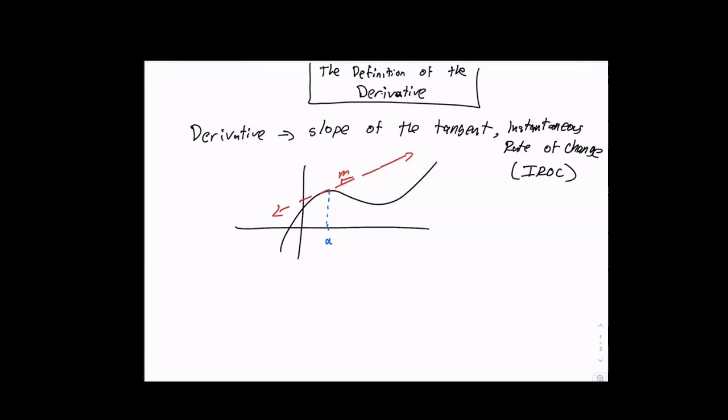AROC is what you had learned about before in your prior algebra classes. You found the average rate of change, the rate of change between two given points. Now our focus in calculus is shifting to the idea of instantaneous rate of change. What is the slope at a single point? No other point, no A and B, just the point A.